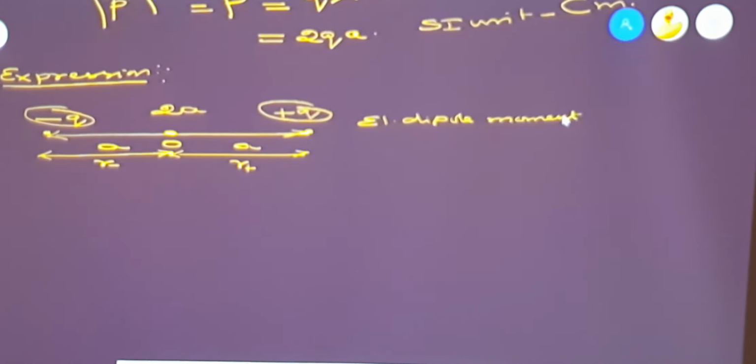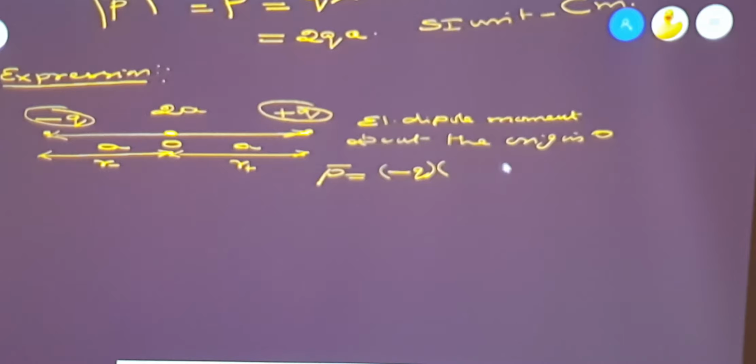Moment means force into distance about the origin O. About the origin O, I can write P vector is equal to one of the charges, minus Q, multiplied with the distance from the origin to the charge, r minus, plus another moment with the charge plus Q multiplied with the distance r plus. Clear?